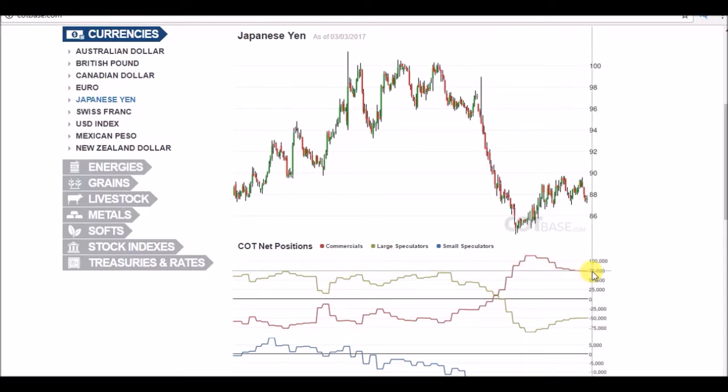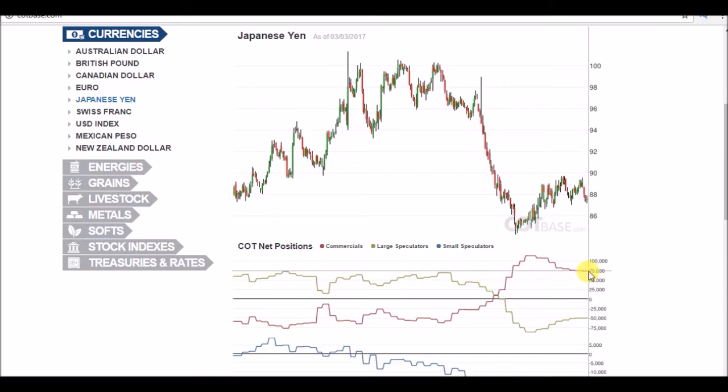The commercials, the red, are 75 positions long the yen, and the speculators are short. It's absolutely amazing how the shapes change week by week as they change their positions, sort of mirroring each other. This isn't as high as it has been in the past. It has been really high in the past.